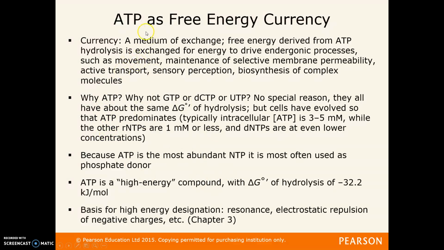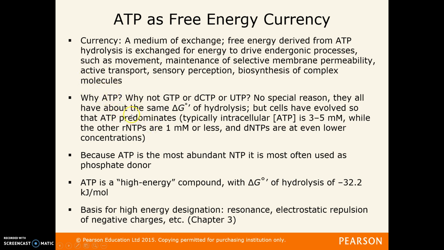Consequently, since we have this in the cell and it is a high negative delta G, we can utilize it as an energy currency, right? So we can store this up, we can keep it, we can use it when we need to, but sitting around by itself, it is in itself fairly stable, right? This is in contrast to something like NADH, which we'll see as being one of our universal electron carriers, that is inherently reactive and can cause problems.